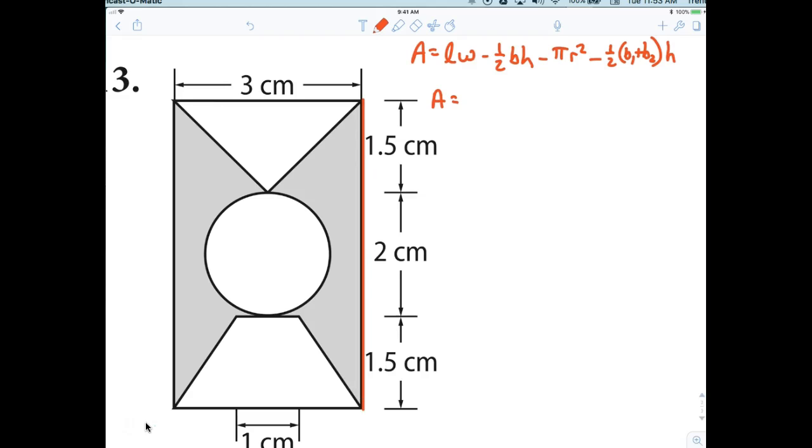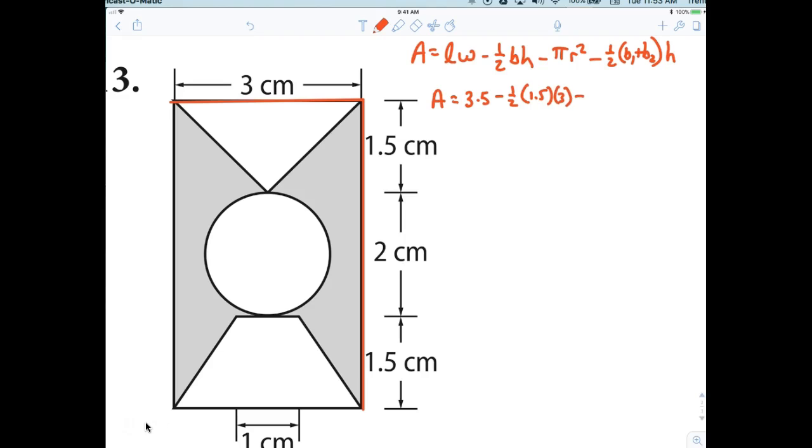So that is the length. And we said the width was what? 3. So if you want to know just the area, it would be 3 times 5 minus. Now, what's the base and height of the triangle? 1.5. Very nice.